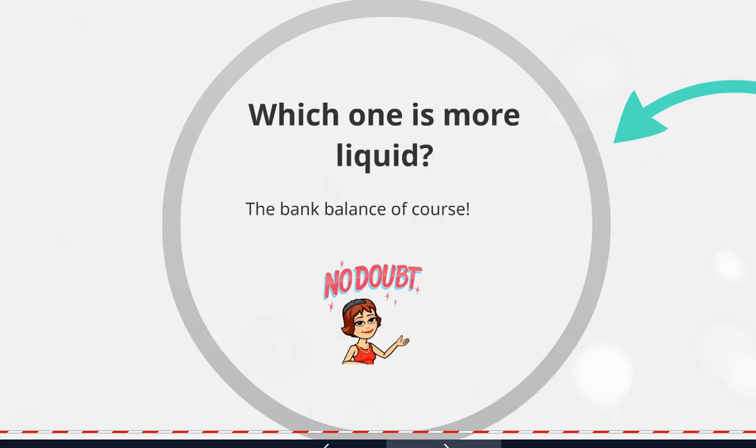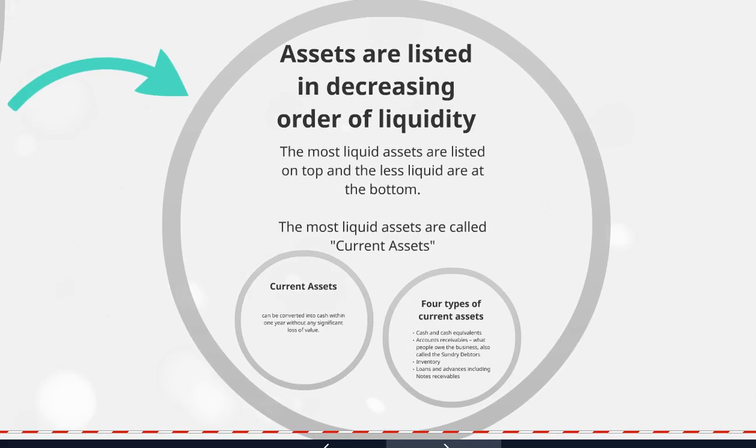Now that you've understood liquidity, in a balance sheet the assets are listed in decreasing order of liquidity. What does that mean? The most liquid assets are listed on top and the less liquid ones are at the bottom.